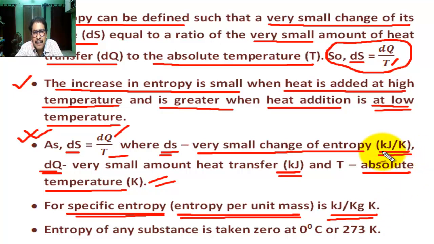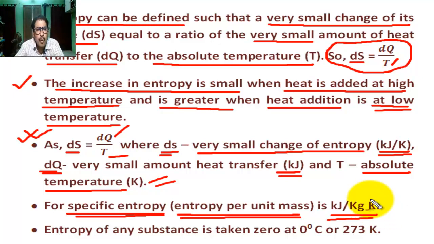Normally dS is in kilojoule per Kelvin. For specific entropy, it is denoted by kilojoule per kg Kelvin. Okay.